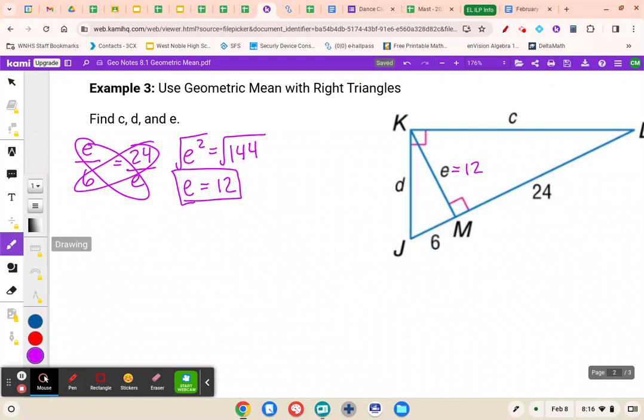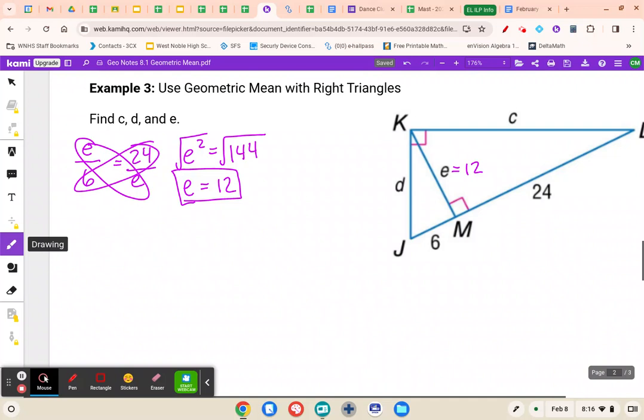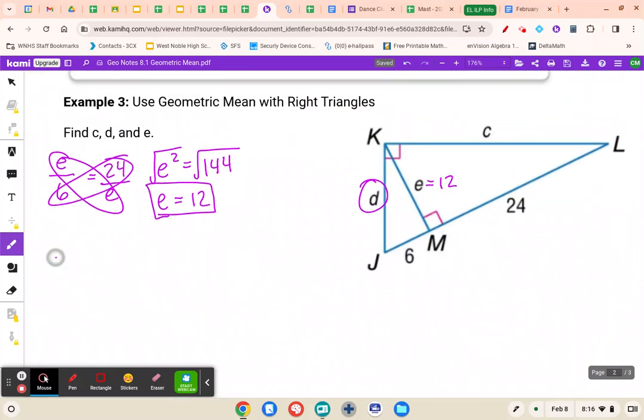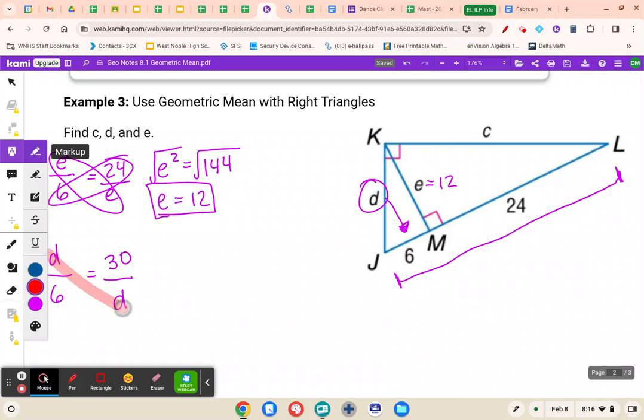We're going to find D. So D is the leg of the big triangle, which means it is the repeated piece. It could also be a number. It would be okay. D works with this adjacent leg, 6, and then the whole hypotenuse, 30. Okay, so we cross multiply.